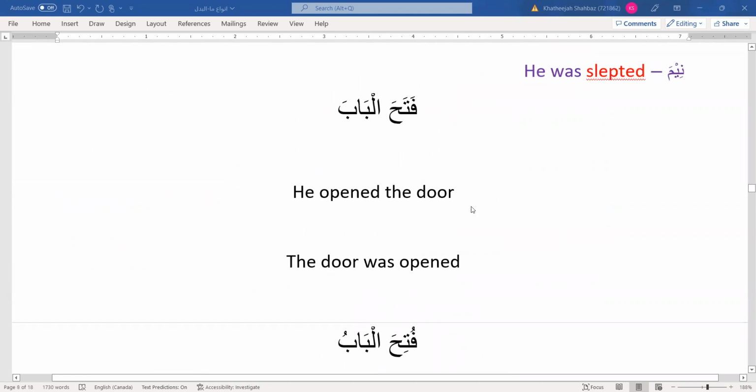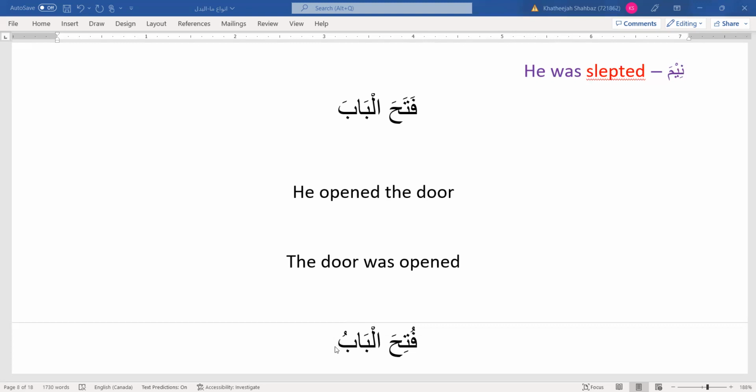In passive voice, basically, the doer is not known. That is why it is called passive voice. Al-fi'lul majhul. We have a jahl about the doer. It is unknown. So Fatah al-Baba, he opened the door. Now if we make it Futiha, he was opened. Al-Babu, the door was opened.